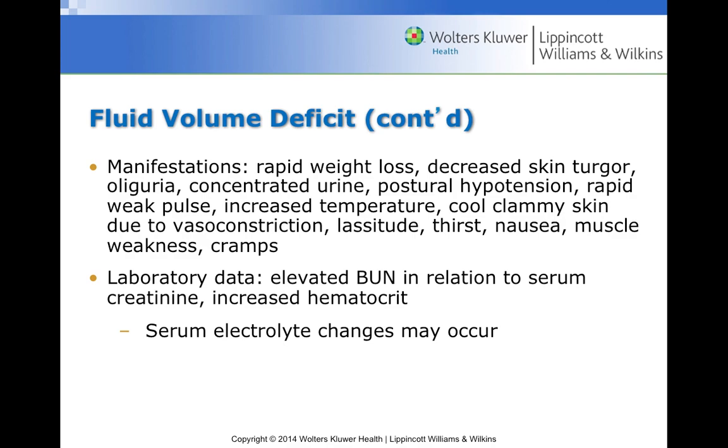Your urine osmolality can be greater than 400 millimoles per kilogram because the kidneys try to compensate by conserving that water. Normal laboratory values for the data that we just covered can be found in Appendix A online.